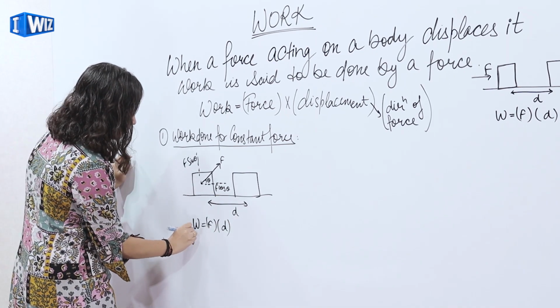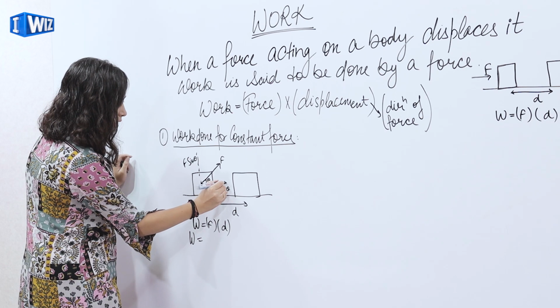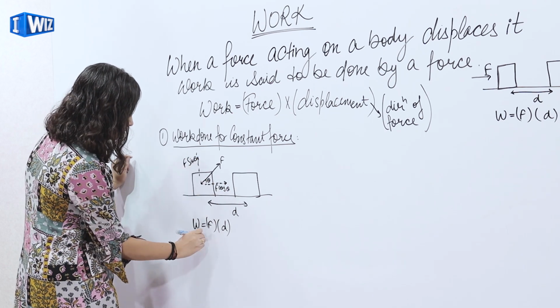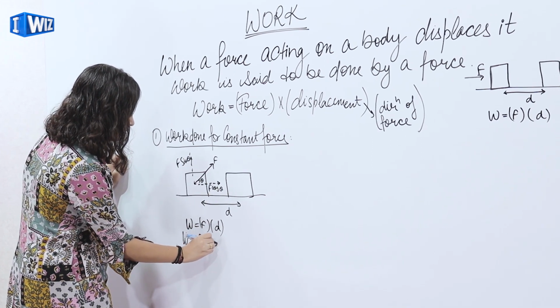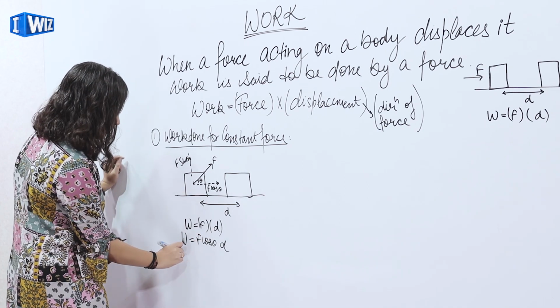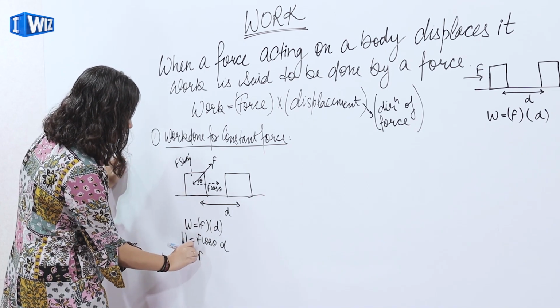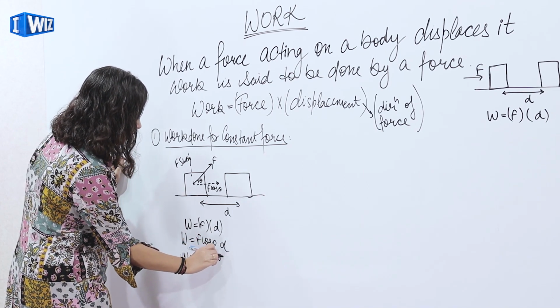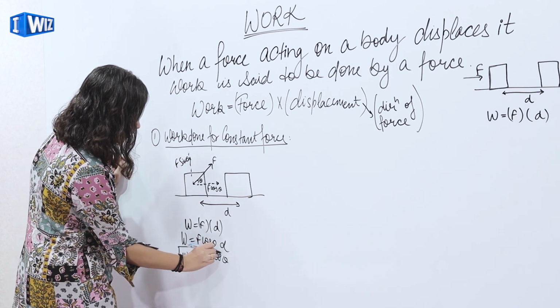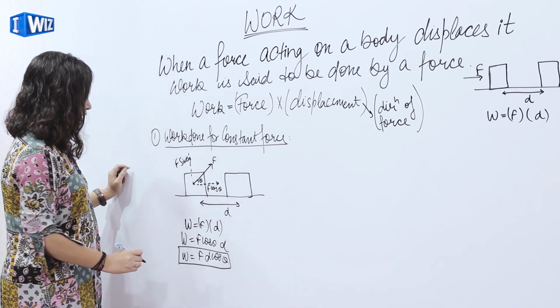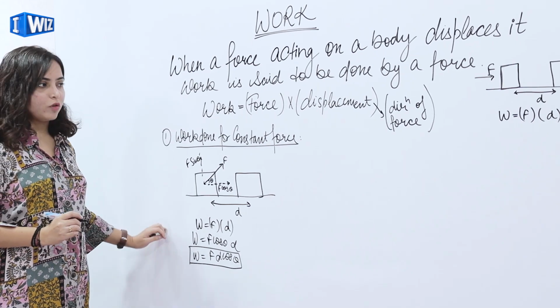So here work done becomes F cos theta into displacement. Work done is equal to Fd cos theta. So this is the work done for a constant force.